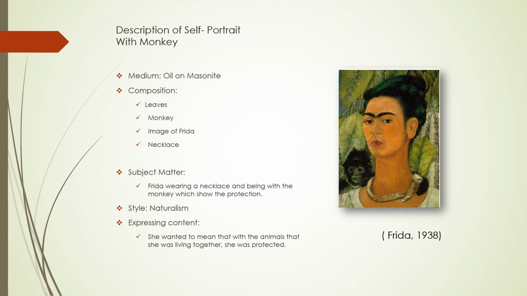That's why I come up with the expressive content which is protection. This is due to the way that in the introduction I saw that Frida did not have children, and so choosing to live with animals was a kind of protection.